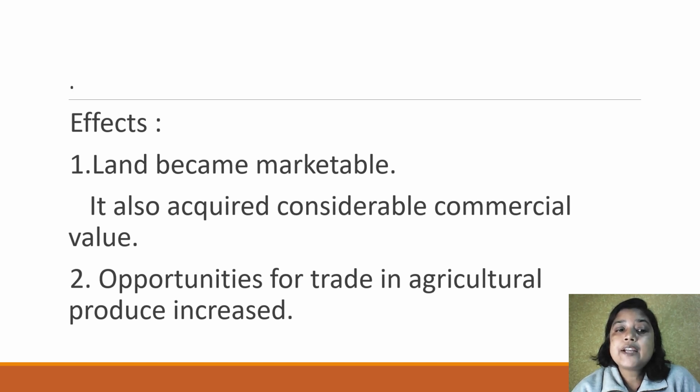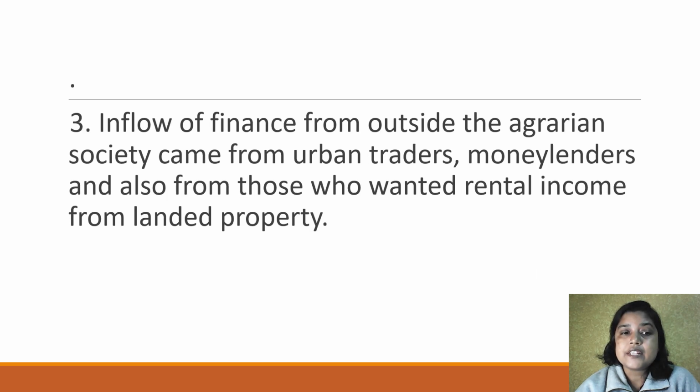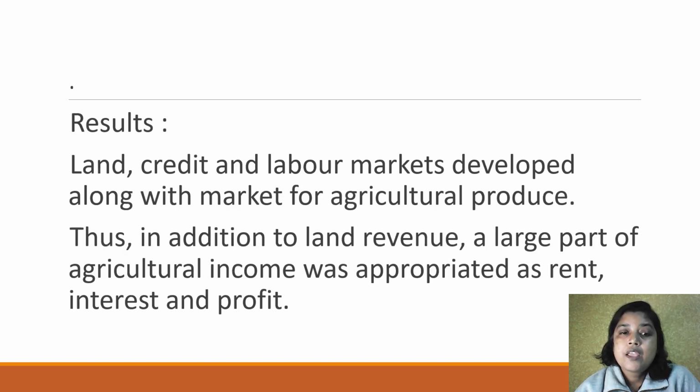The second effect was that opportunities for trade in agricultural produce increased. And thirdly, the inflow of finance from outside the agrarian society came from urban traders, money lenders, and also from those who wanted rental income from landed property.